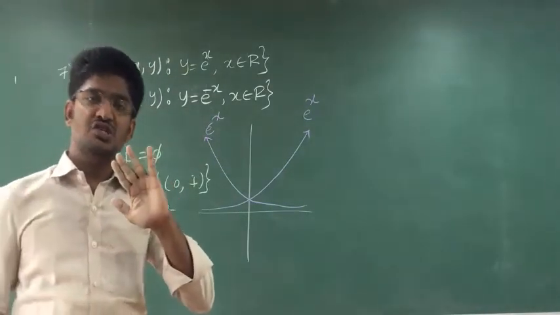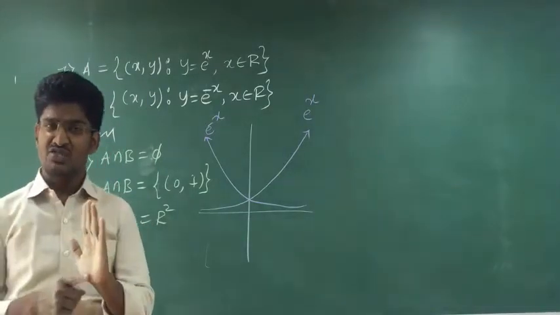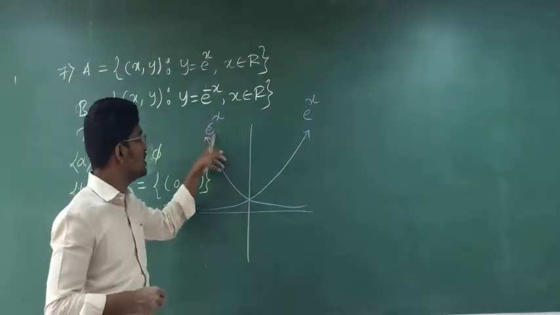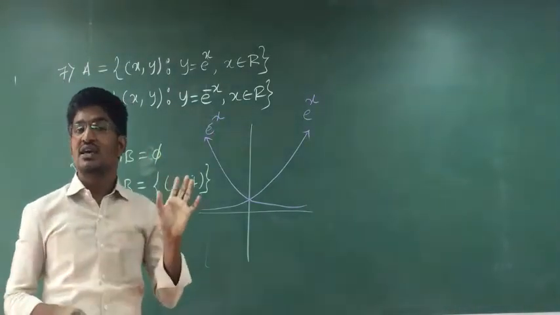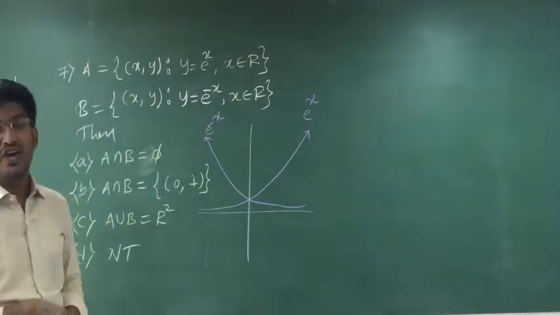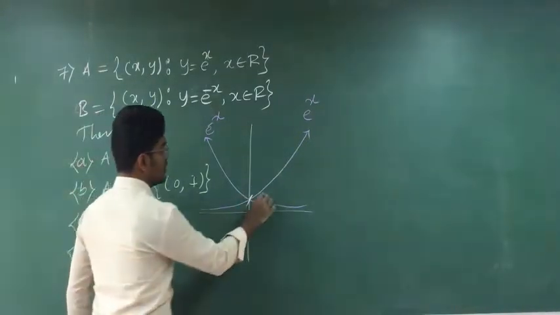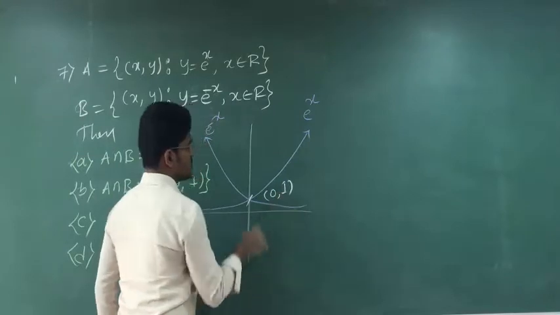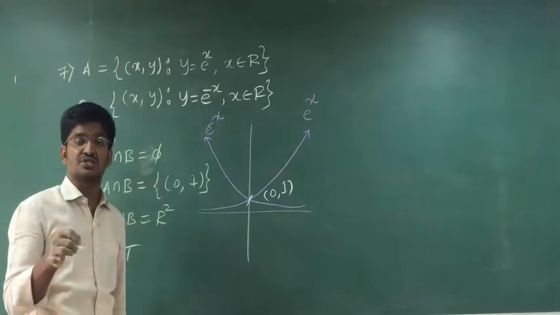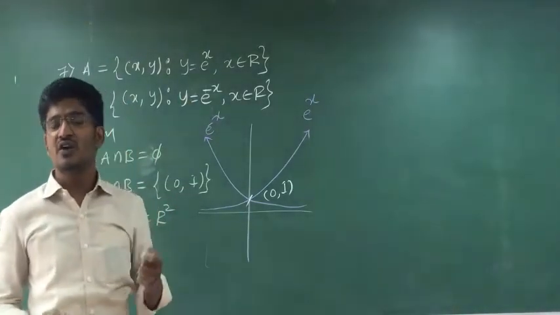Mirror image across y-axis. Mirror image of e raised to x across y-axis will be e to the power of minus x. If you have this simple knowledge, you can draw this, where they are intersecting at this point. What is this point? 0 comma 1. So this is a single common ordered pair which is common for both e to the power of x and e to the power of minus x.